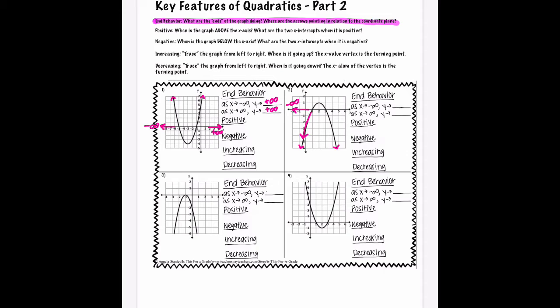Well, in this case, the graph is going down the more you move to the left. So as x goes to negative infinity, y goes to negative infinity. Then as the graph moves to the right, or as x goes to positive infinity, what is y doing? Is the graph going up or down? In this case, it's going down, so y is going to negative infinity.